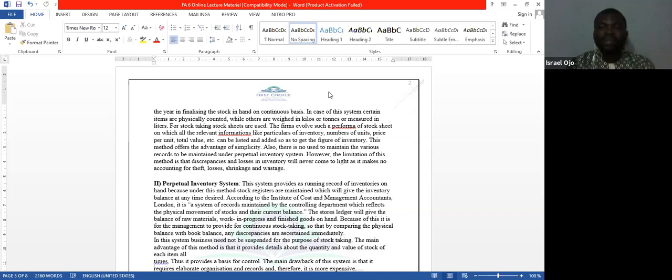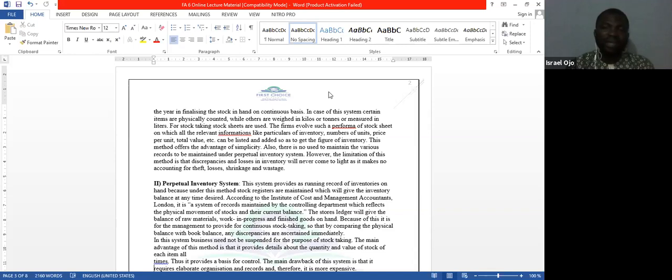It means there's a record being kept apart from the normal purchases, so that at any point in time we can ascertain the total inventory that we have.